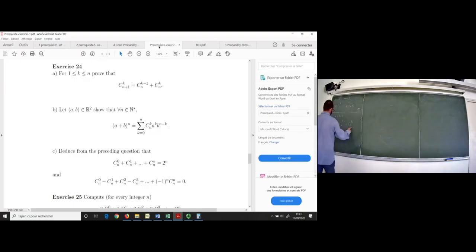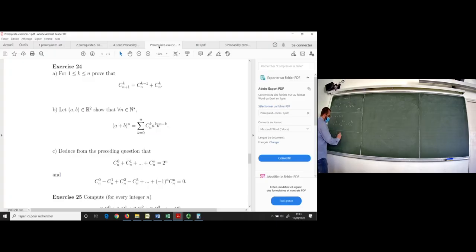Let's do the proof here. I compute C(n, k-1) plus C(n, k), and to do this I use the definition twice. What is C(n, k-1)?